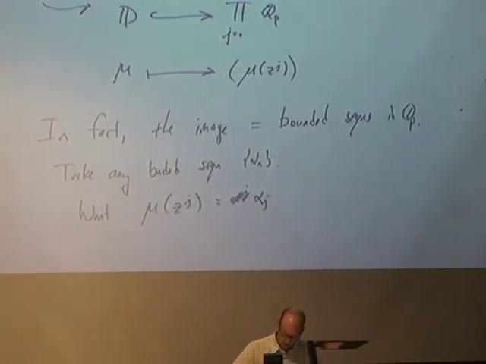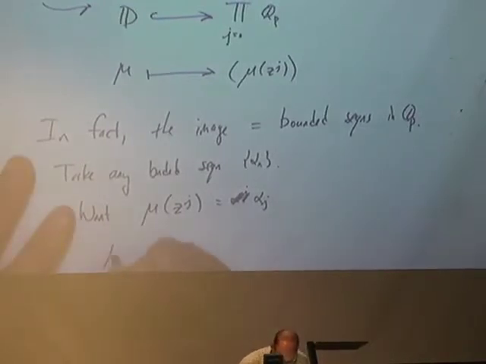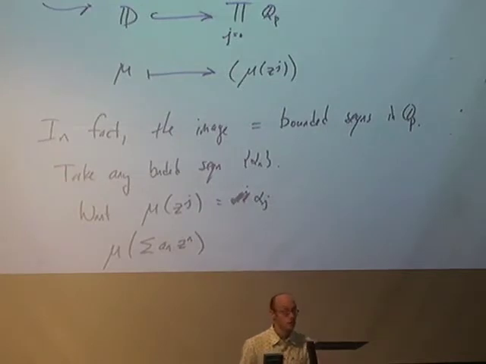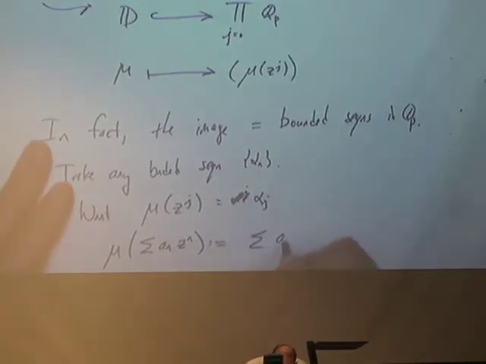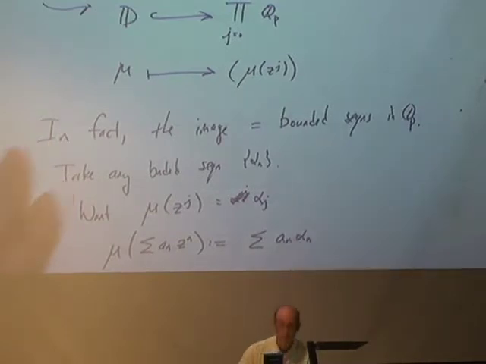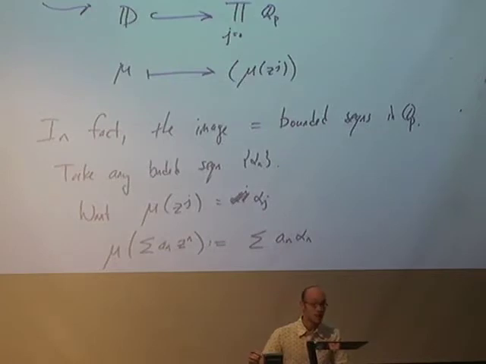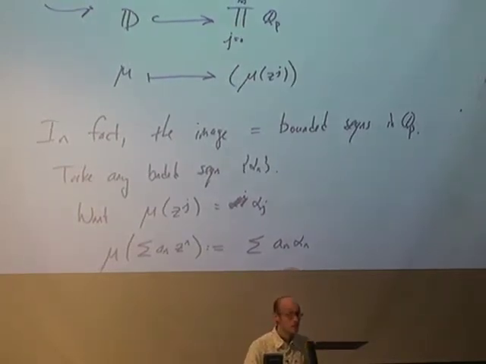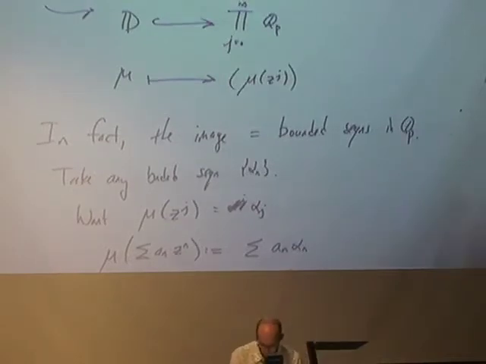That's my bounded sequence of moments. So I want to say there is a distribution whose moments are that. Well, I'm going to define mu on any element of A. A random element of A looks like the sum of a_n z^n, where the a_n go to 0. And I'll define mu of that to be the sum of a_n alpha_n. And because the a_n are going to 0 and the alpha_n are bounded, the a_n alpha_n are going to 0. So that sum converges. So that makes sense. And I'll leave the other half for you to check.